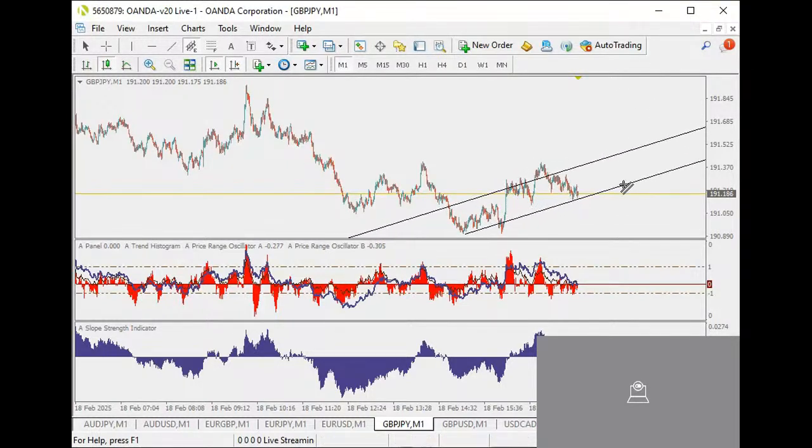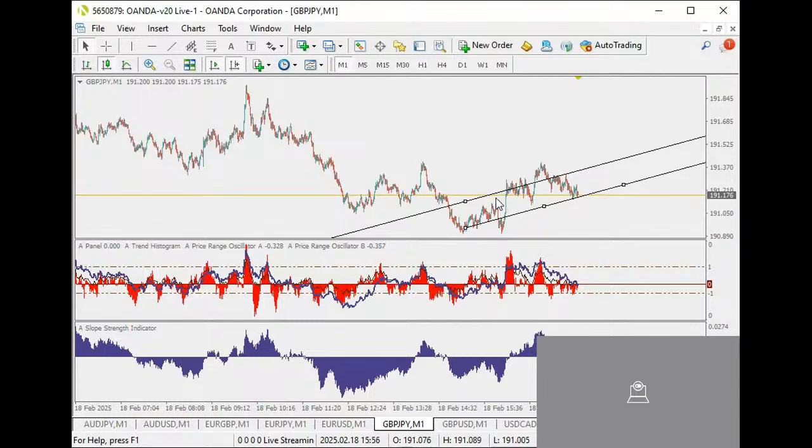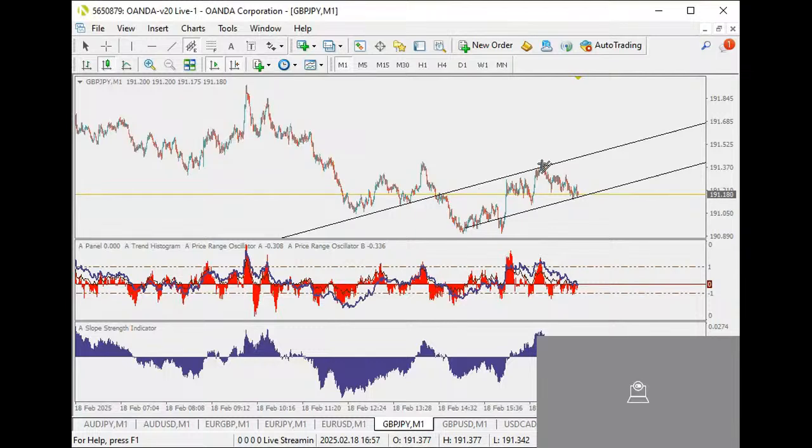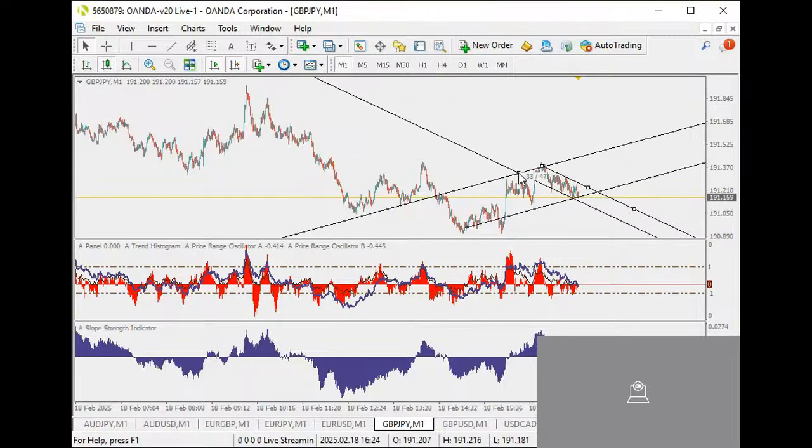No, just pull you up here. We have this trend which is bullish, and we have another faster trend which is bearish. Pull it down, man.